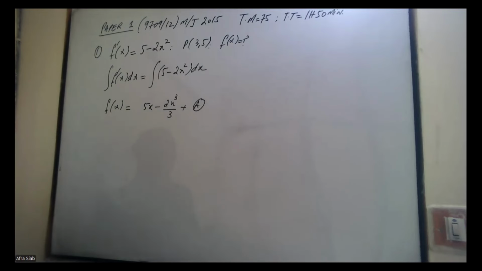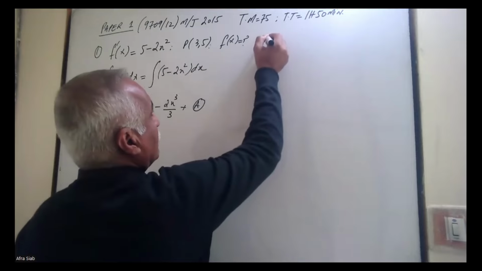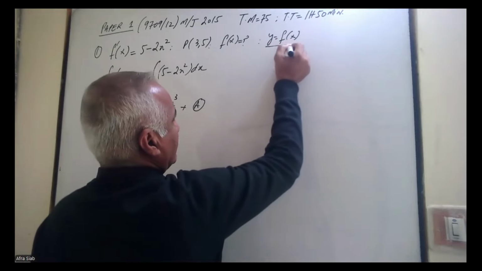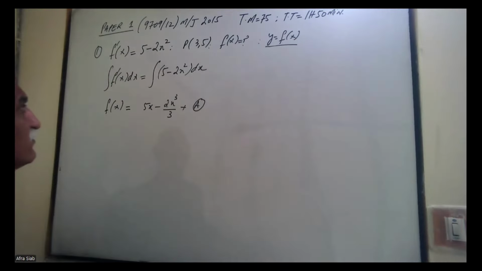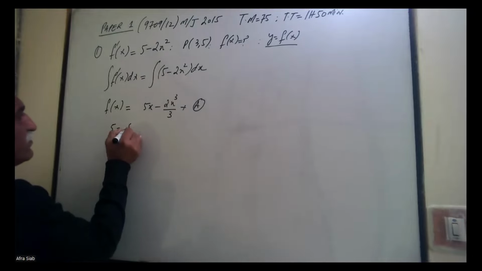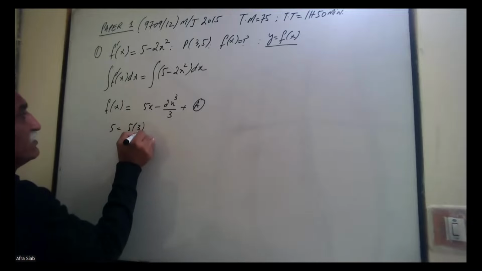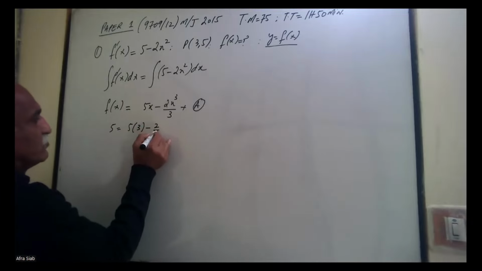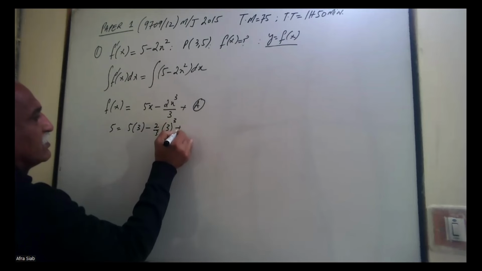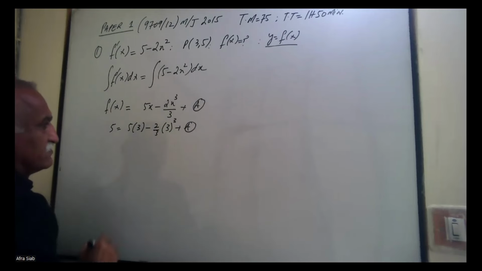But we know that y is equal to f of x. So here the y coordinate is equal to 5, and the x coordinate is equal to 3: 15 minus 2 by 3 into 3 cube plus the constant of integration a.